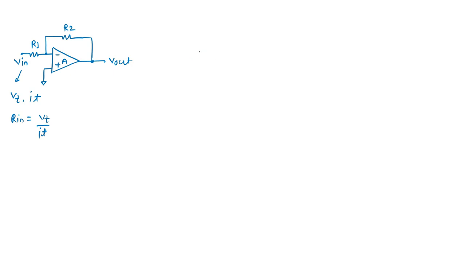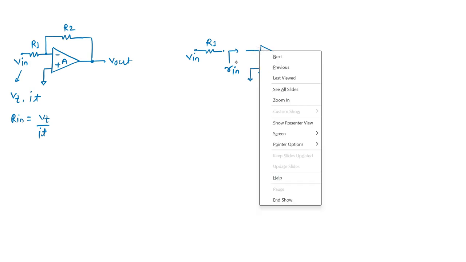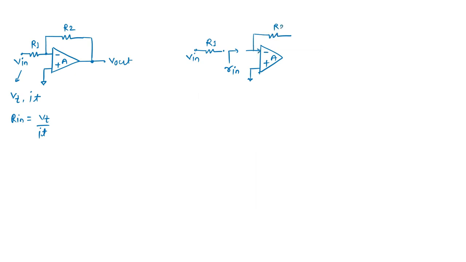The other thing I can say: this is my R1, and here is my input. If I know the input impedance after this point, let's call it small r, then what can be there? This is R2, because we anyway want to use fewer calculations.